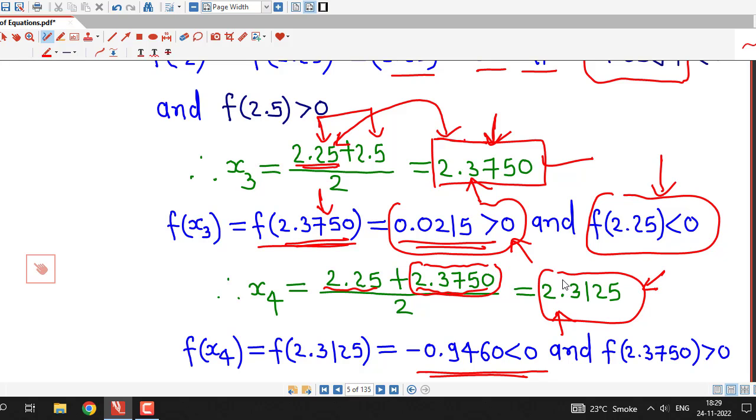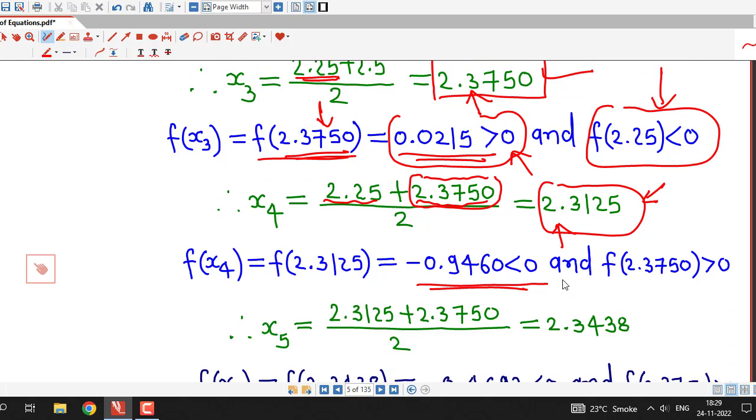So we take the average of these two as our next approximation. So x5 is 2.3125, where the function is negative, plus 2.3750, where the function is positive. So this is our fifth approximation, and I compare with this, then they are not equal.